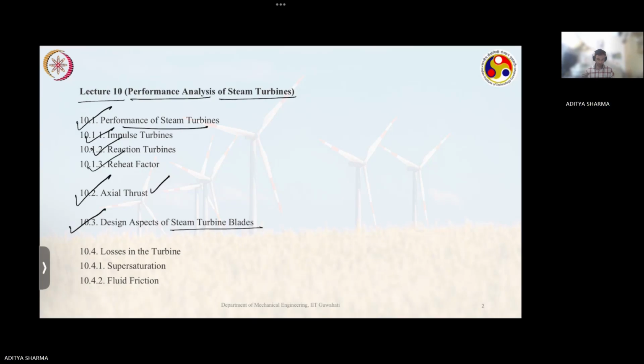It has also been discussed that when we draw the velocity diagrams, we just take one blade velocity only.